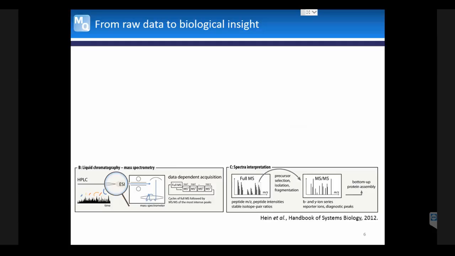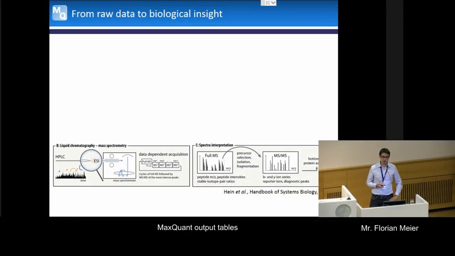Typically we prefer the data-dependent acquisition method, where we acquire full scans, which we then use to pick precursors for our MS-MS scans. Those MS-MS scans give us a hint about the identification of the peptide. With MaxQuant and Andromeda, we interpret those spectra and come up with a peptide sequence, which is then inferred to the protein sequence.